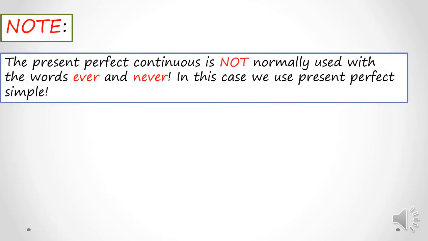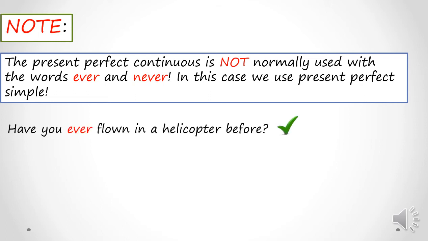Note, the present perfect continuous is not normally used with the words ever and never. In this case, we use present perfect simple. Have you ever flown in a helicopter before? In this example, we don't use the present perfect continuous.